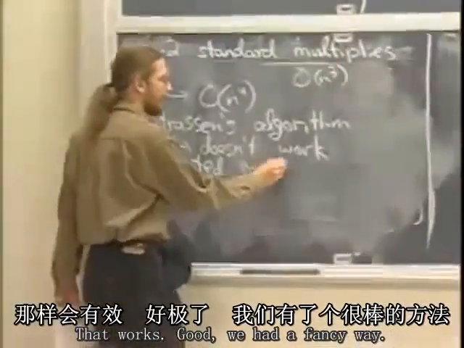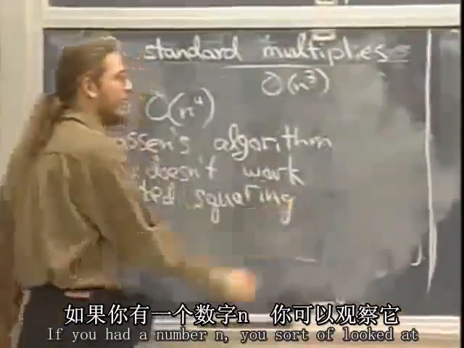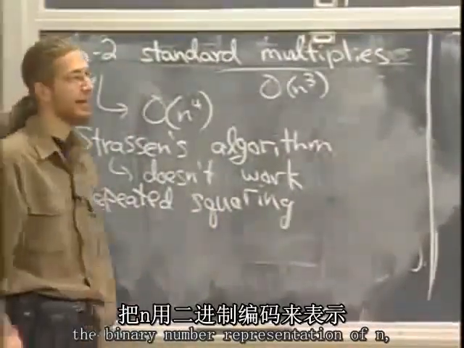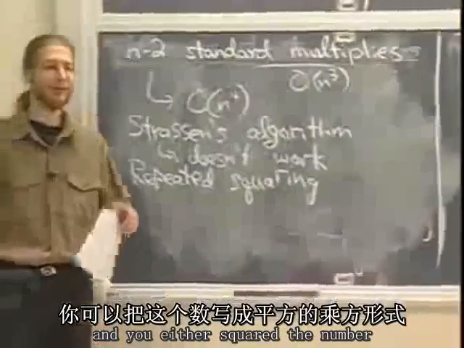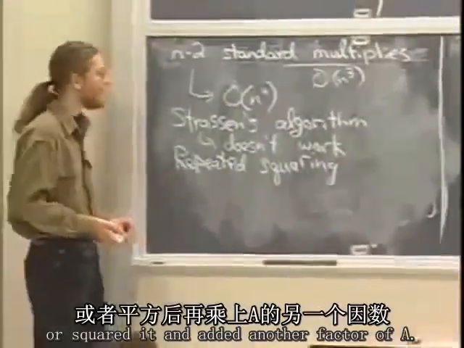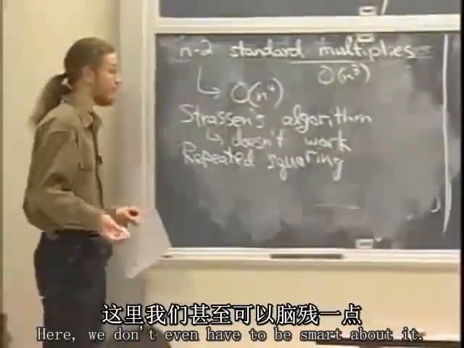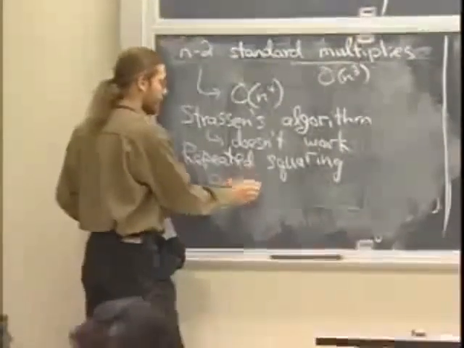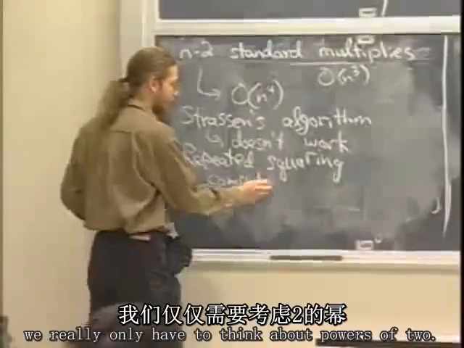Good. We had a fancy way: if you had a number n, you looked at the binary representation of n, and you either squared the number or squared it and multiplied by another factor of A. Here, we don't even have to be smart about it. We really only have to think about powers of 2.